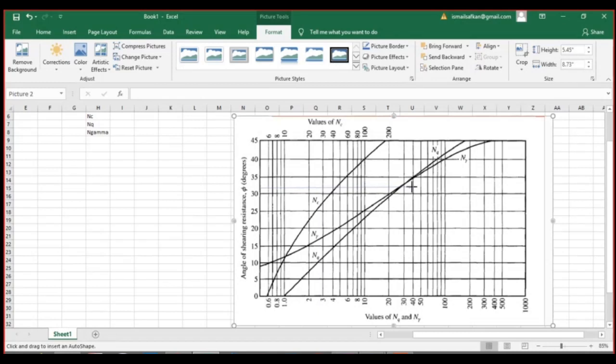Remember, this is gonna be linear in y-axis, but logarithmic in x-axis.